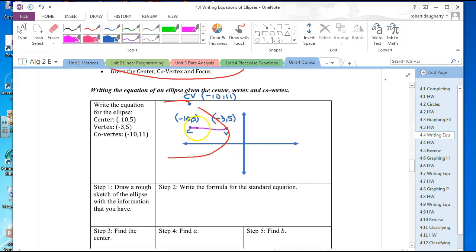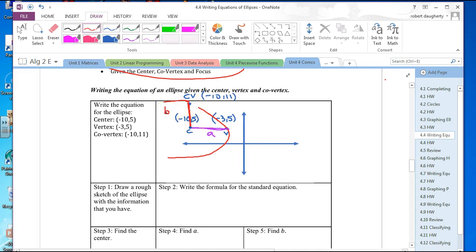But by definition, what is the distance from center to that vertex? In our formula, the center to the vertex, the horizontal, what is that? That's A. And what is going to be the distance from the center to the covertex?